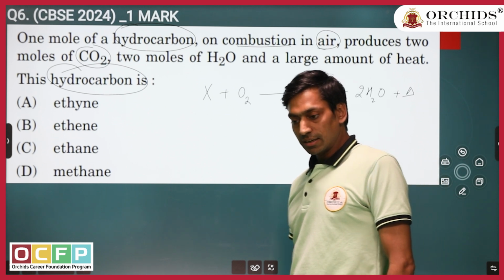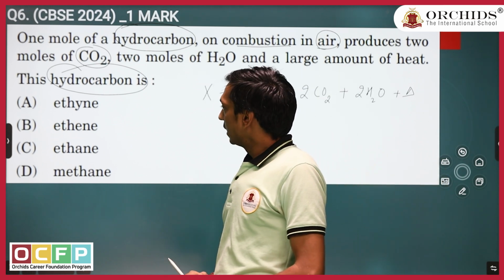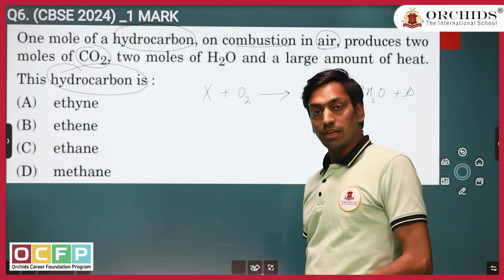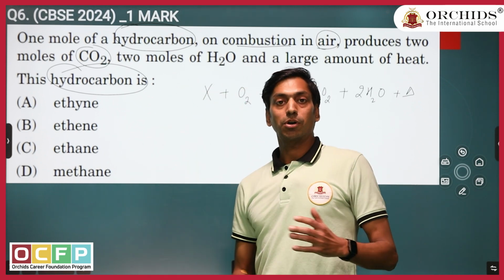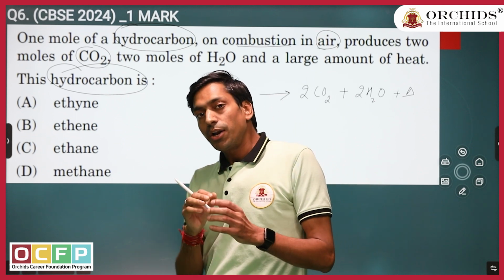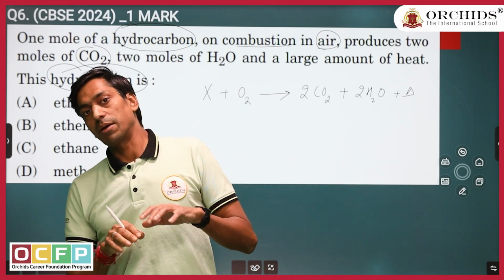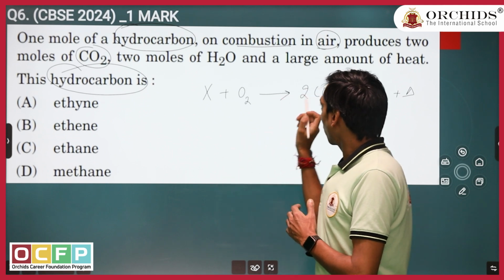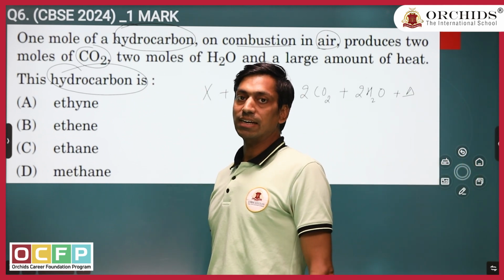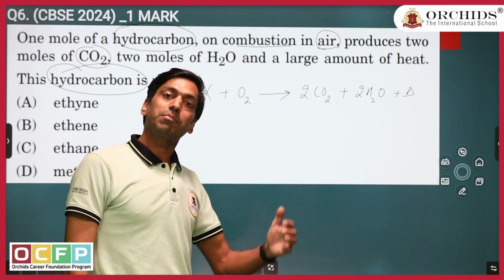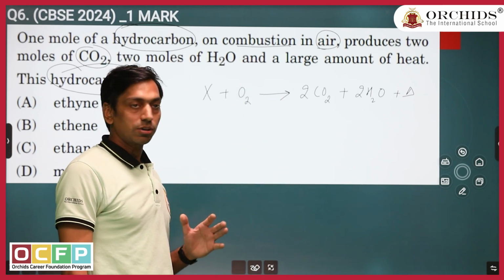And we know that in our lower grades we have studied the laws of chemical combination, in which we studied that the number of atoms on the reactant side and product side must be equal, and no new atom can participate in a chemical reaction. So on the product side we are having carbon, oxygen, hydrogen. So on the reactant side also, we will have the same number of carbon, hydrogen and oxygen.